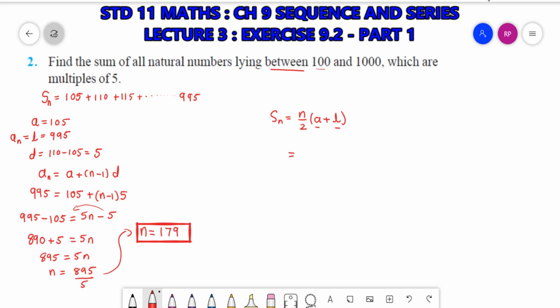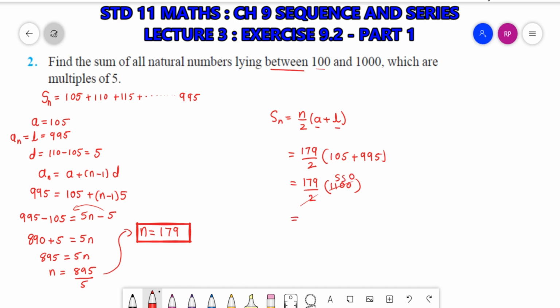Okay, so now let's find the sum of all the natural numbers which are lying between 100 and 1000 and which are divisible by 5 or multiples of 5. So n is 179, so 179 divided by 2, the first term 105 plus the last term 995. 105 plus 995 is equal to 1100. 2 ones are 2 into 550.